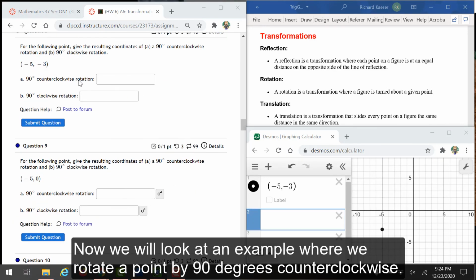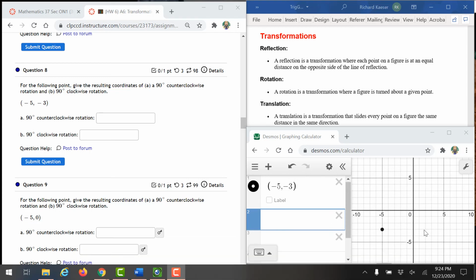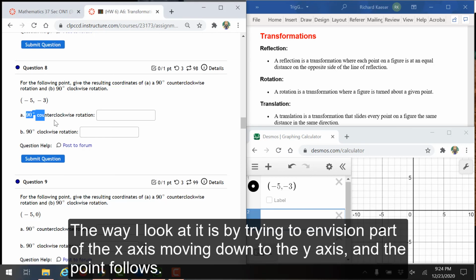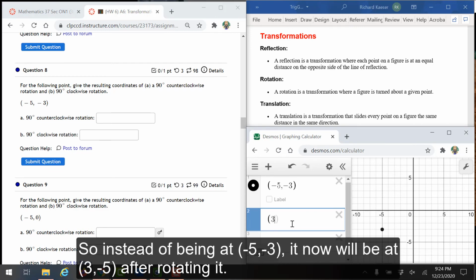Now we'll look at an example where we rotate a point by 90 degrees counterclockwise. The way I look at it is by trying to envision part of the x-axis moving down to the y-axis and the point follows. So instead of being -5, 3, it now will be at 3, -5 after rotating it.